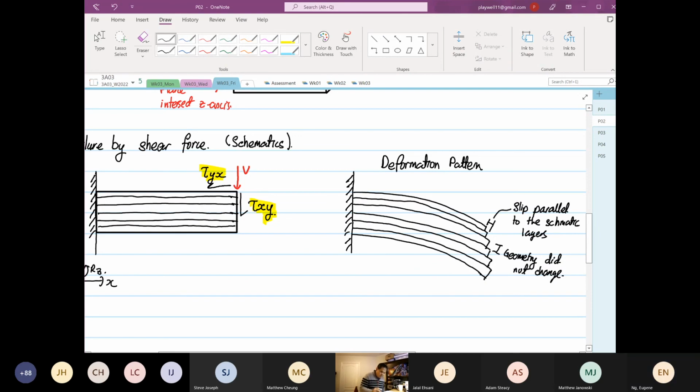So the stress that will induce the failure is what? The shear YX. But we are lucky, in the sense that shear XY is equal to shear what? YX. Right?